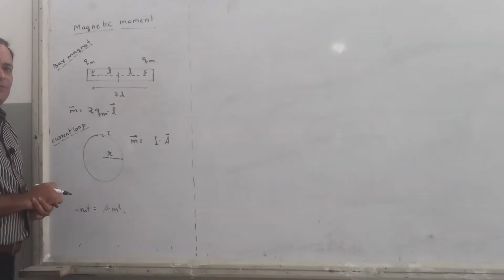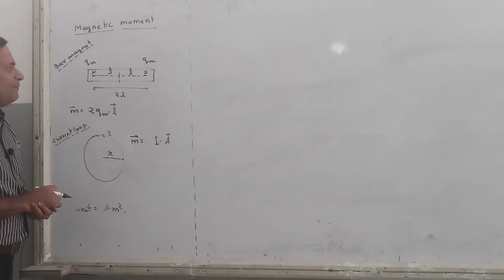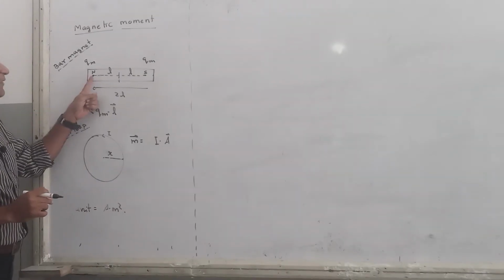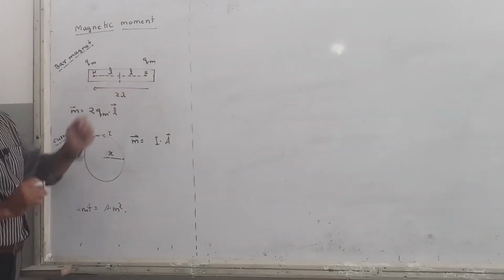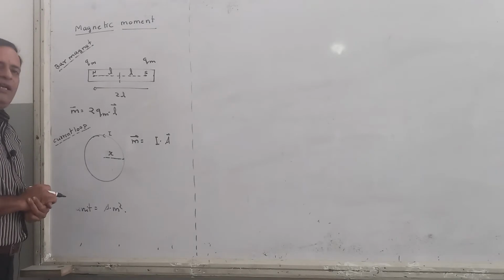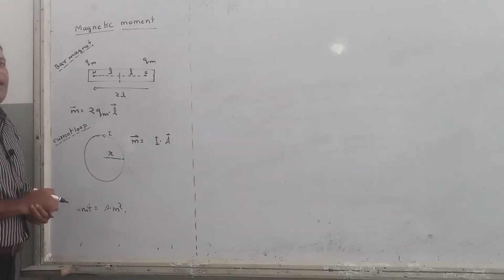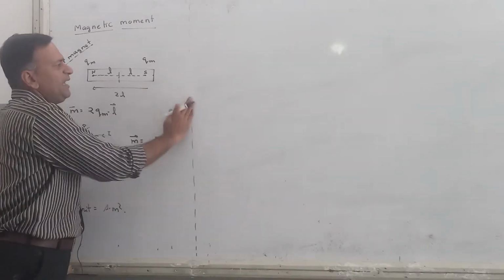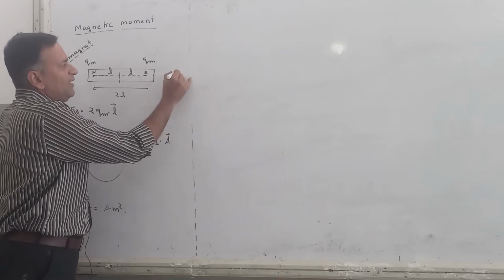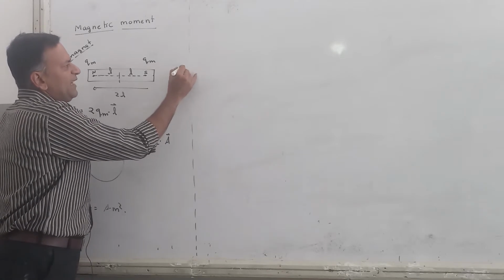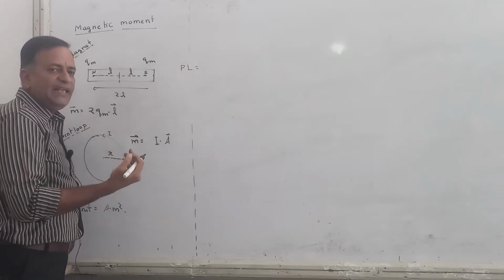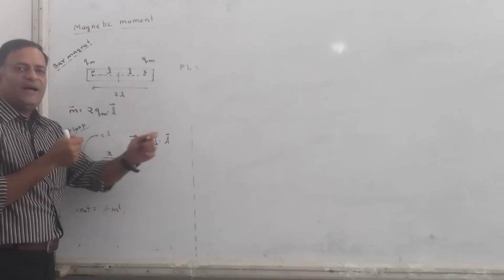Now the thing is, what is magnetic length? Magnetic length will be the distance between the actual north pole and actual south pole. How do we calculate this actual magnetic length? See, the physical length means the length that is measured by a scale.